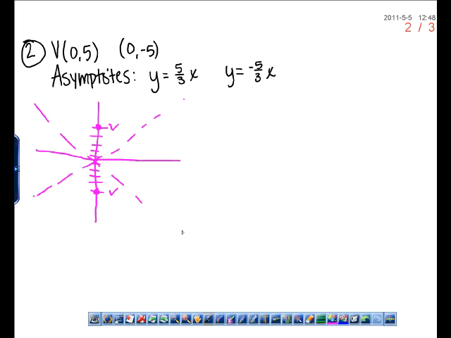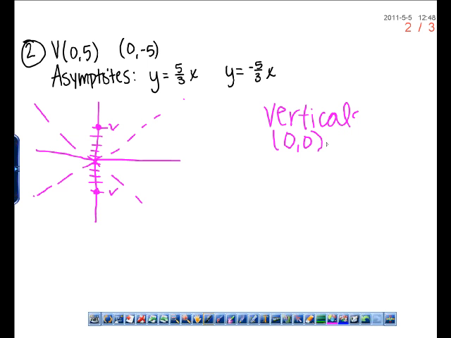So first thing we have to decide, horizontal hyperbola or vertical hyperbola? Vertical. How do we know? The vertices go up and down. Good. Okay. Well, it's vertical. What's our center? 0, 0.